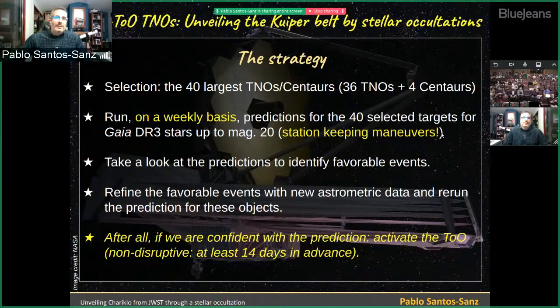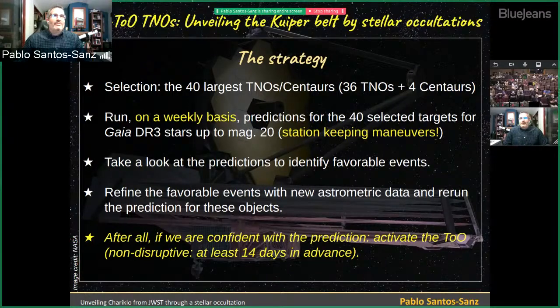Then we look at the predictions to identify the favorable events, and we refine these events using new astrometry. And then we run the loop again. We update the prediction with this new astrometry and so on. And after all, if we are confident with the prediction, we activate the target of opportunity. It is important to know that this is a non-disruptive target of opportunity. This means that we have to trigger the observation at least 14 days in advance.